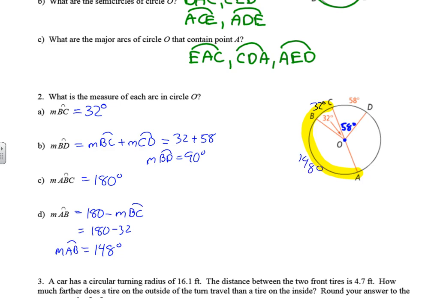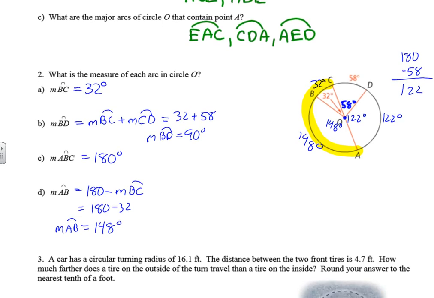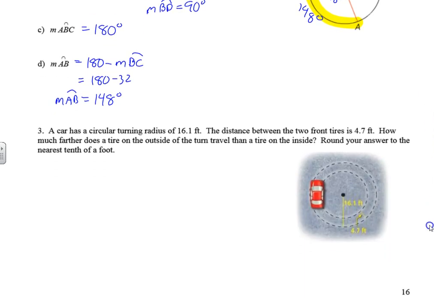And then if you wanted to find the arc AD or DA, that would be 180 minus 58, which would be 122. So that's this arc here. Again, that angle would be 122. This angle would be 148. So half a circle is 180, all the way around is 360. Central angles equal the intercepted arcs. Those are the two concepts that we're working with there.